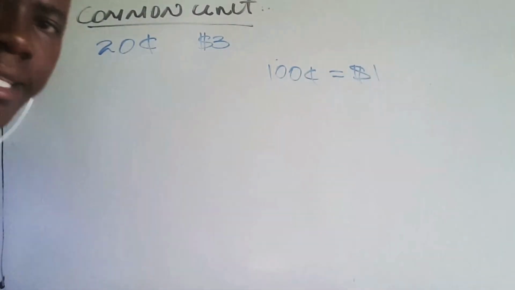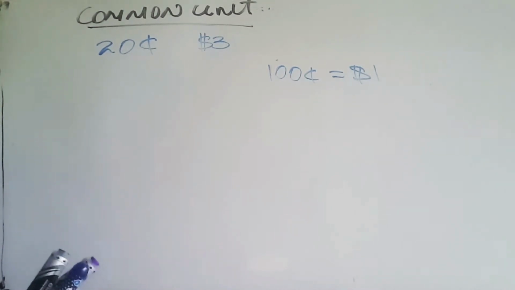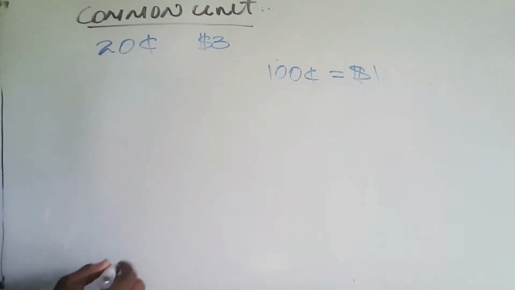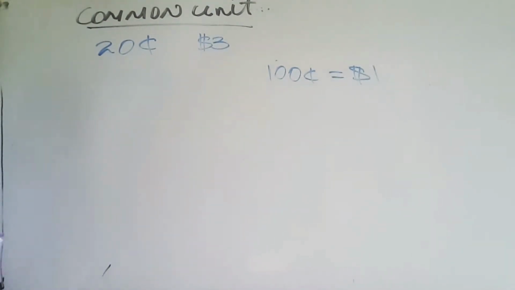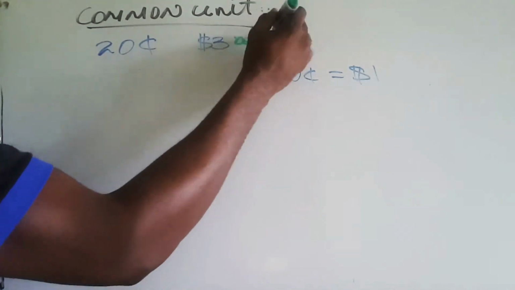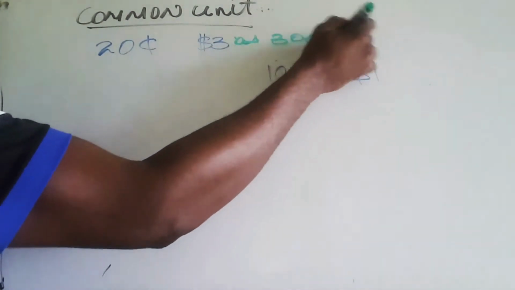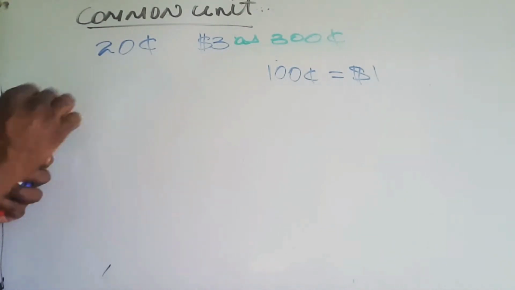So since it takes 100 cents to give us that dollar, we can now write the $3 as 300 cents.